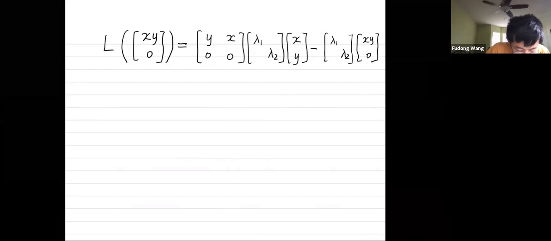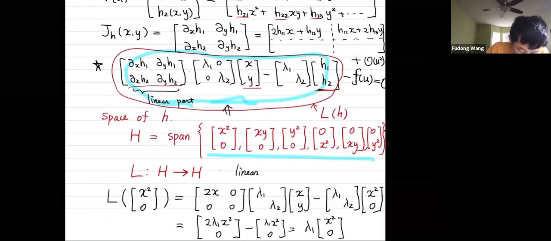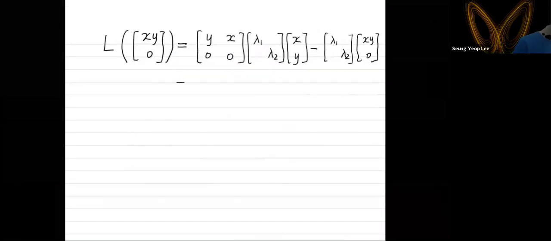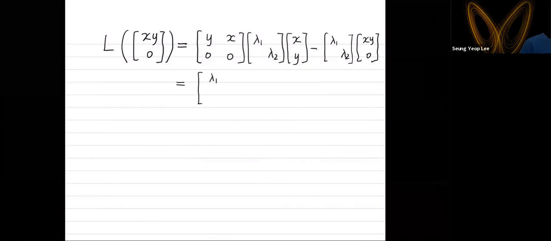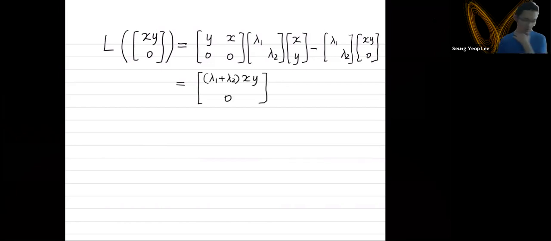Then we get something a little more complicated. You get lambda 1 plus lambda 2, xy, 0 for the first one.